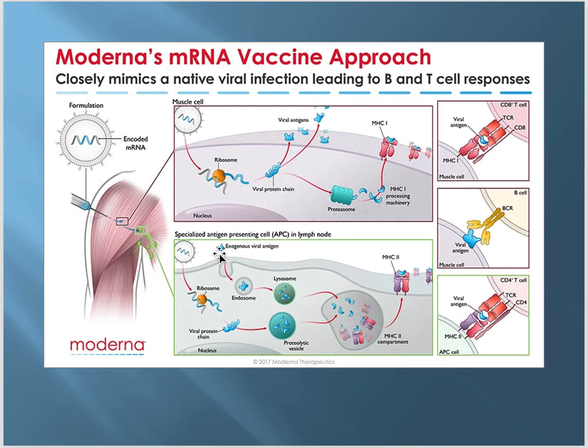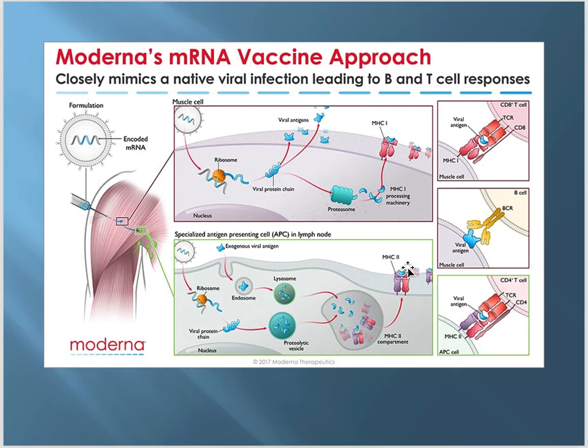Once the exogenous antigens are inside the cell, they will get processed and presented by MHC2. The only difference between these two is that in the case of exogenous antigen, lysosome will process them, will digest them, but in the case of viral protein chains produced by the ribosome, they will be processed or lysed by proteolytic vesicles. Anyway, in either case they will be presented on the cell surface of the antigen presenting cells.